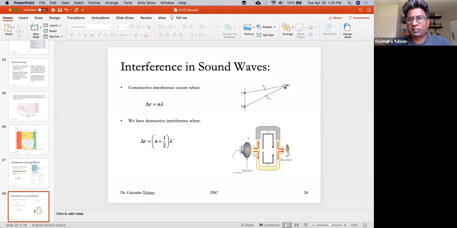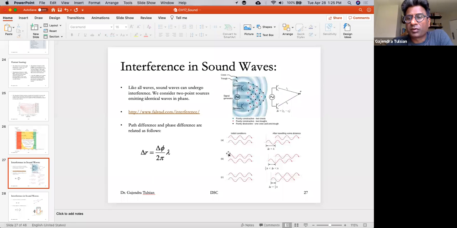L2 minus L1 is delta R. And if the path difference is n lambda, then that will be a constructive interference. And if the path difference is a half integer times lambda, then that will be a destructive interference. And for other distances, it will be an intermediate situation.